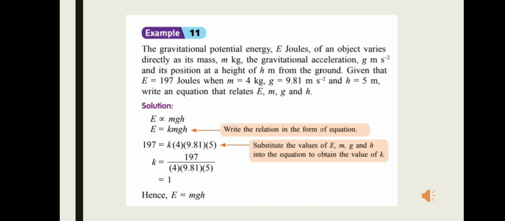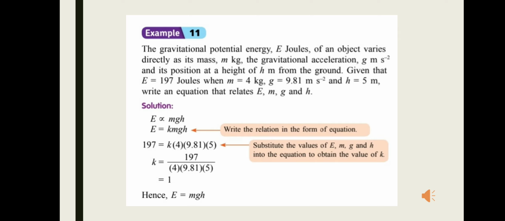Given that E is equal to 197 joules when m is equal to 4 kilogram, g is equal to 9.81 meter per second square, and h is equal to 5 meter. Write an equation that relates E, m, g, and h.